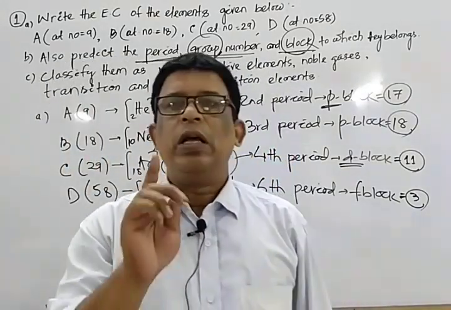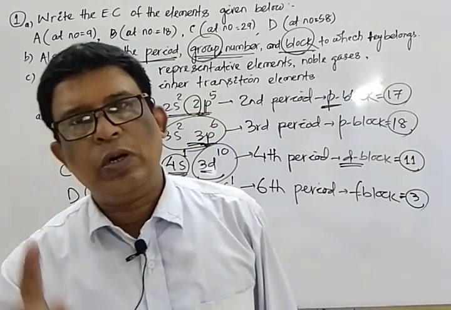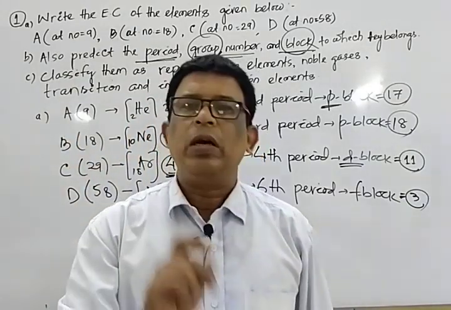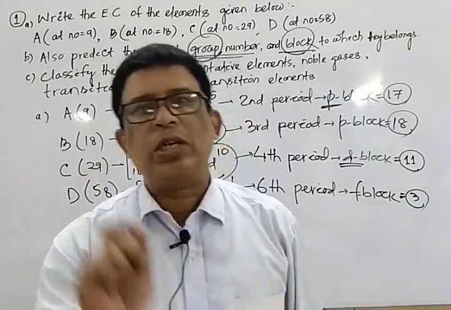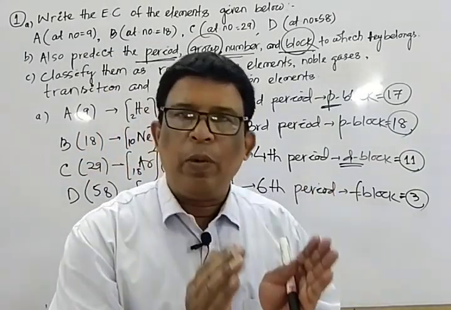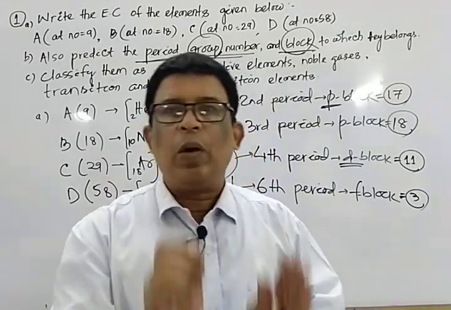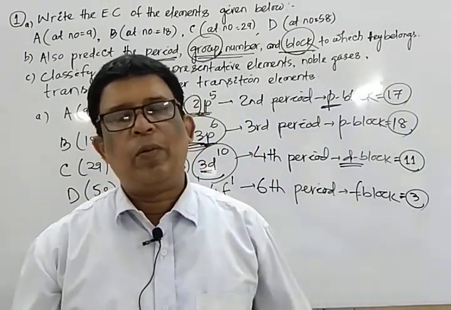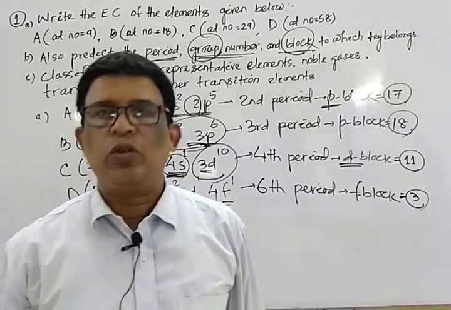For S block, the number of valence electrons is equal to its group number. For a P block, the group number is 10 plus the number of valence electrons. For a D block, it is the number of electrons present in the D subshell plus the number of valence electrons. And for F, there is only one, that is group 3.